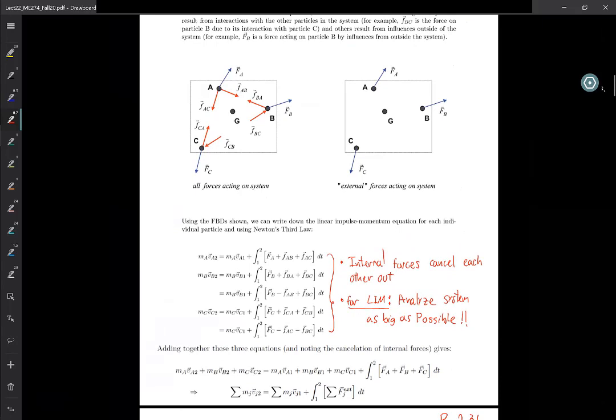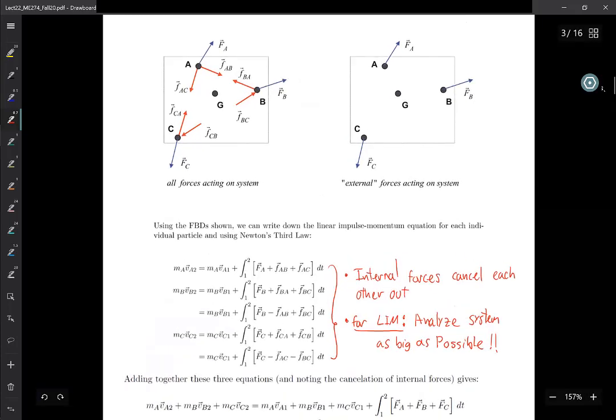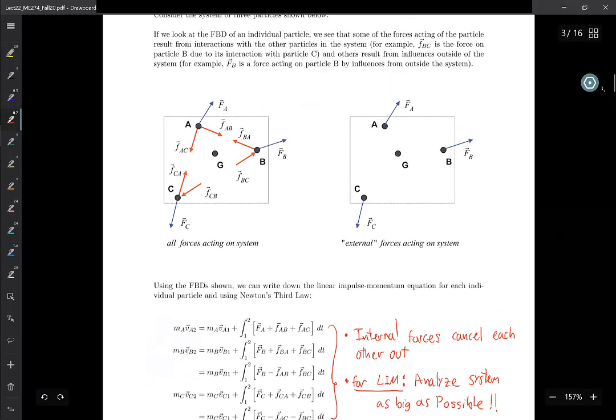So which internal forces are there in the homework? If I draw this very simple system, those normal forces are internal, so we don't need them, right?